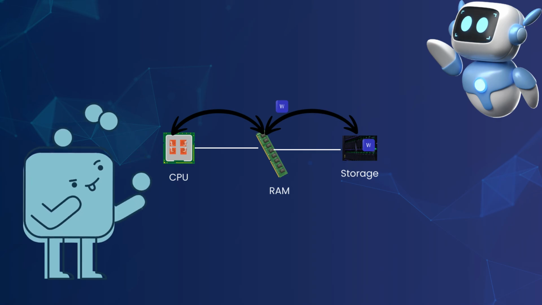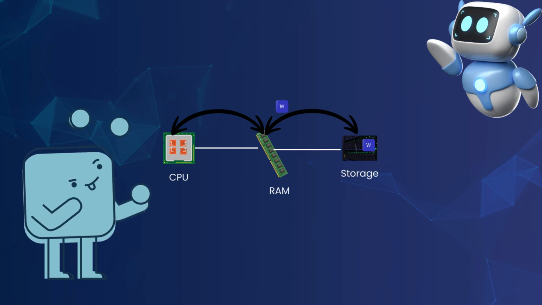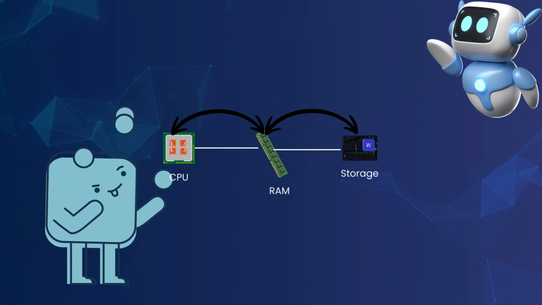RAM allows the CPU to access data much faster than from a slower storage drive, acting as a high speed mediator. Once processes are complete, data is saved permanently on storage. Multiple programs run simultaneously as processes inside RAM.